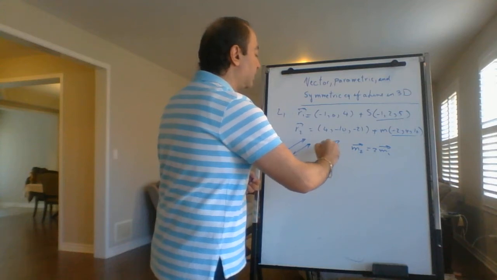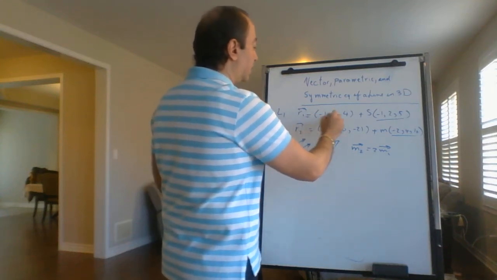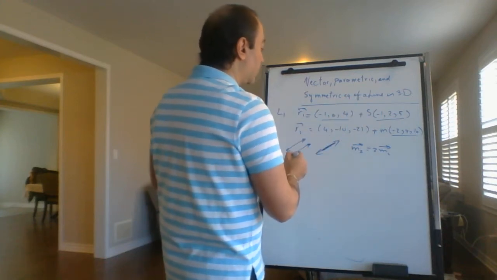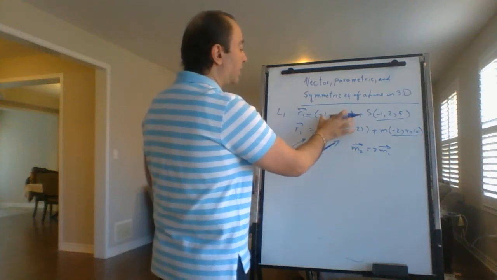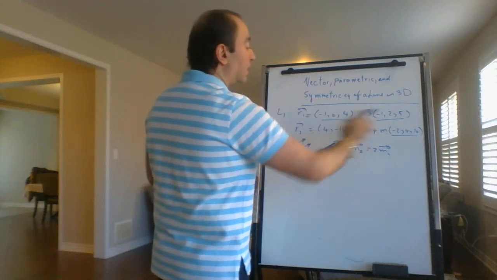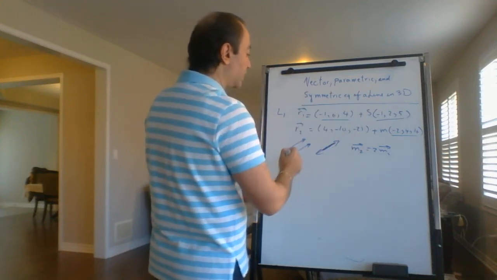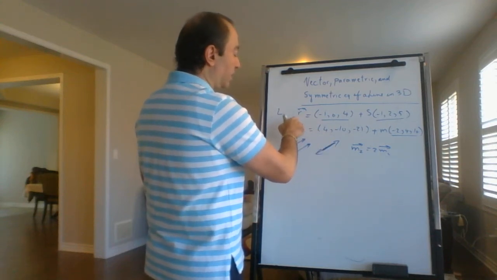How do we determine if they are the same line or parallel? We take the components of one of the points and put it in the equation of the other and see if we get the same s. So for example, I can take this and put it here and solve for m, or I take this and put it here and solve for s. So I will write the parametric equation if I use this point in this line.